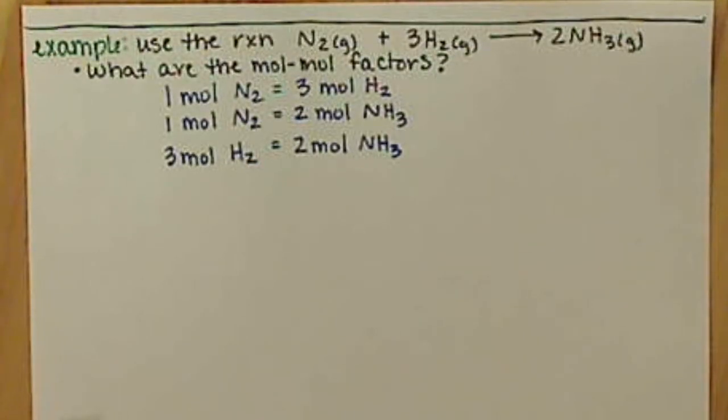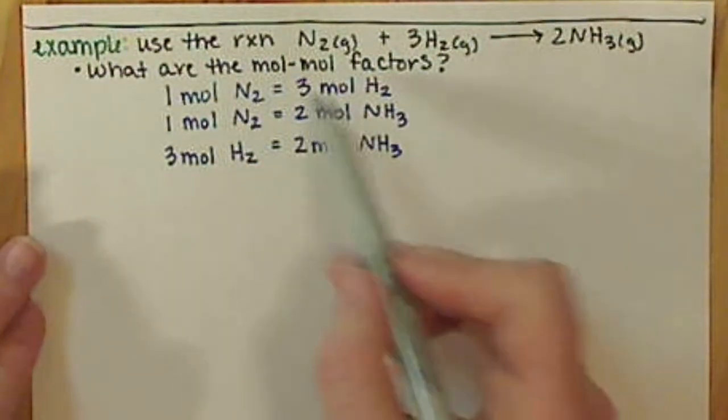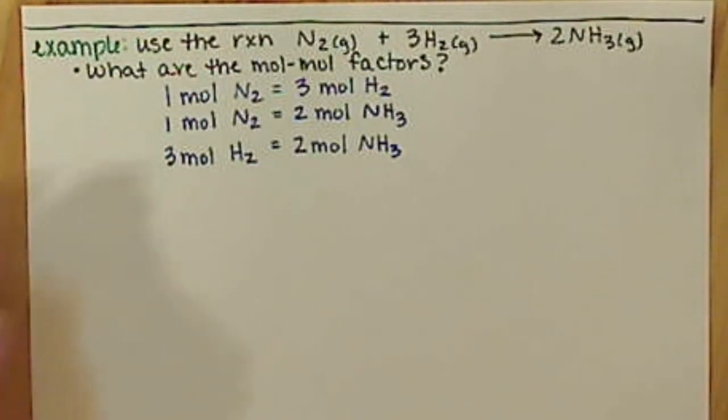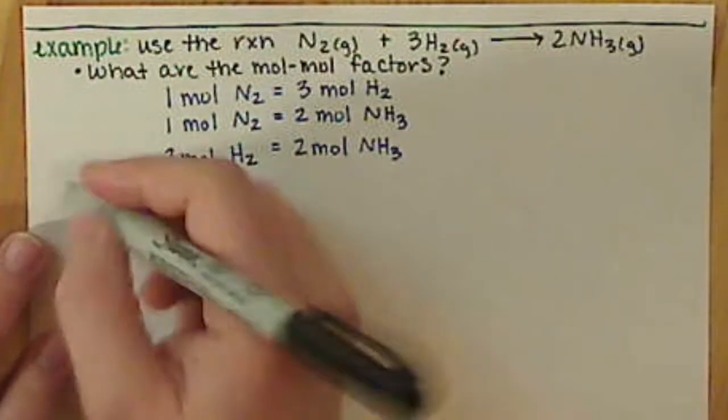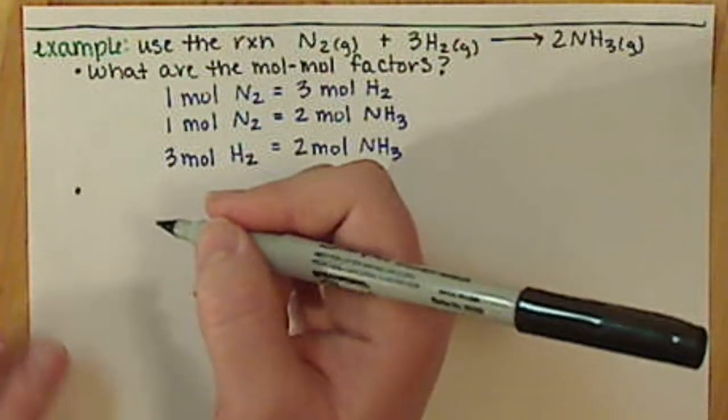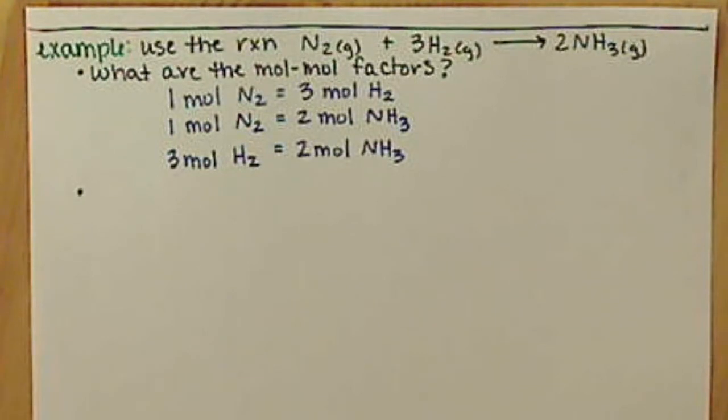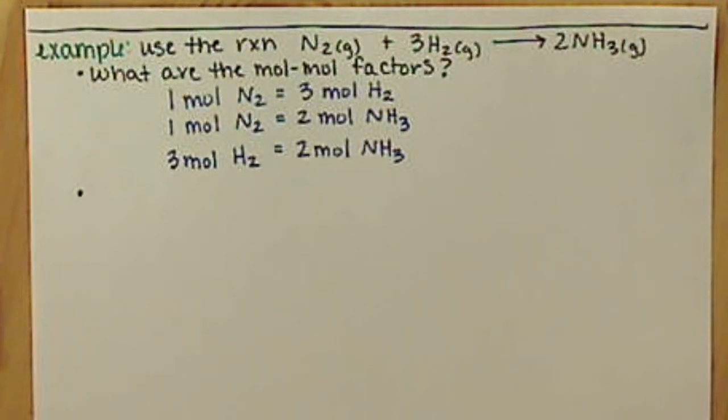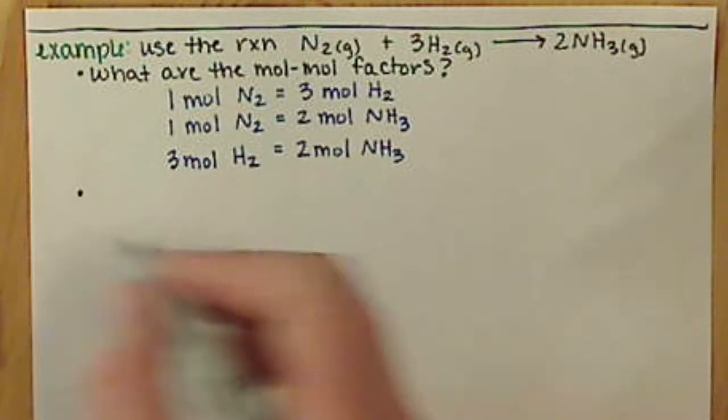So those are our mole-to-mole factors. That will help us look at doing some calculations. So let's look at how many moles of hydrogen are needed to react with 1 mole of nitrogen.